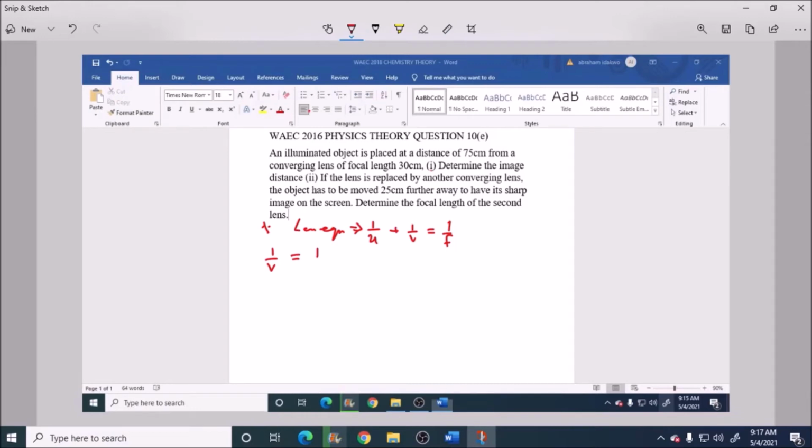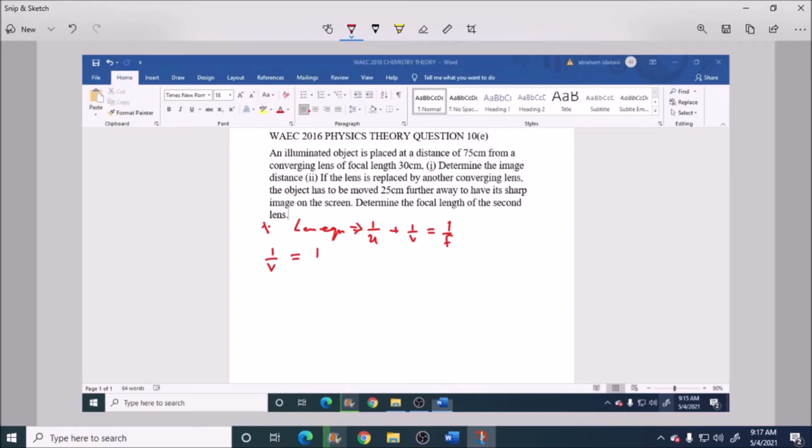Now the focal length is 30 centimeter, so we have 1 over 30 minus the object distance, which is 1 over 75. So we can as well write focal length equal to 30 centimeter and the object distance is 75 centimeter.